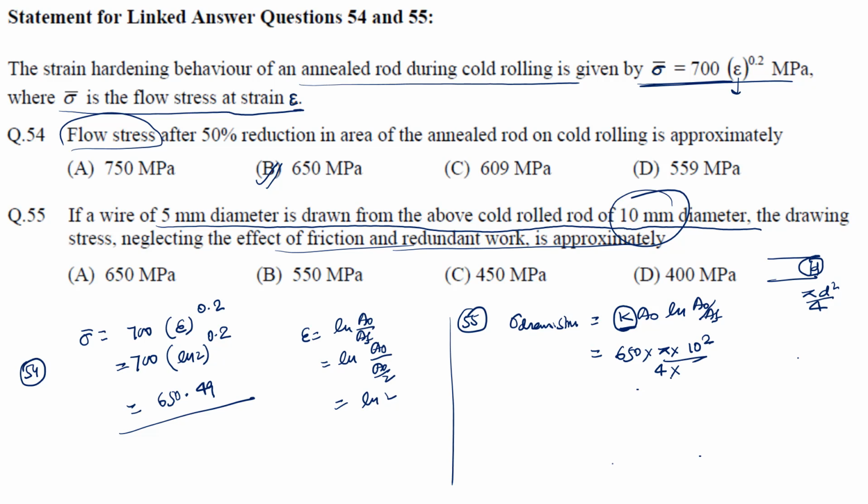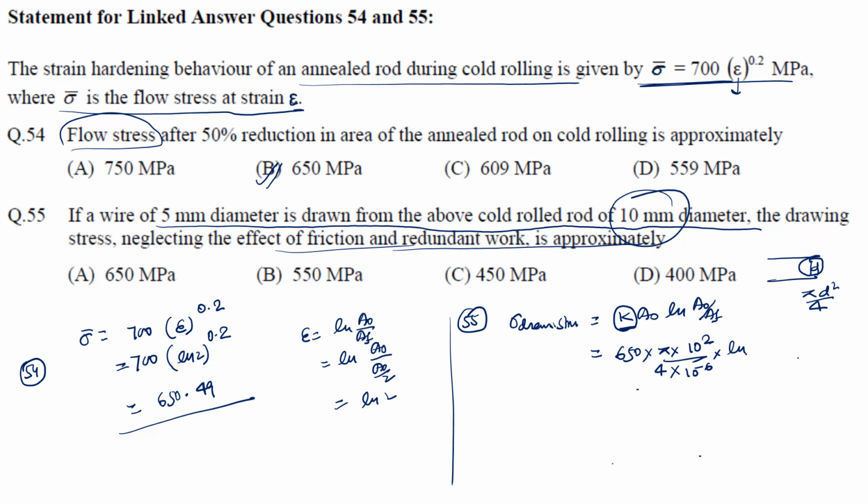And since 10 is in mm, we will have to convert it into meters. You know 1 mm is equal to 10 power minus 3, right? So here it will be 10 power minus 6, into ln A naught by AF.